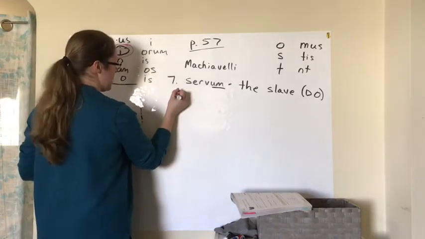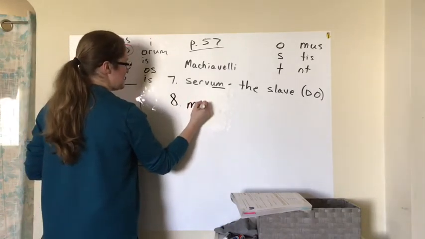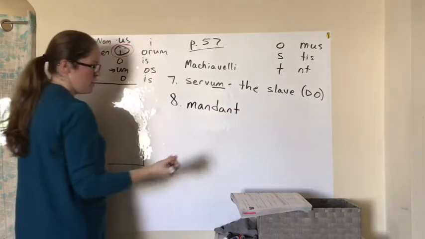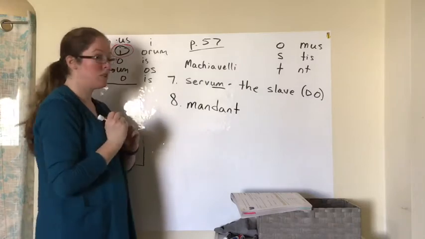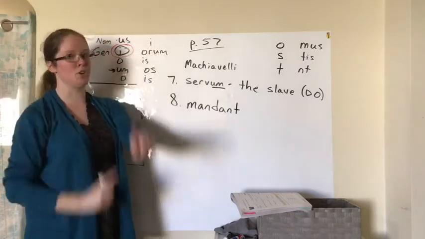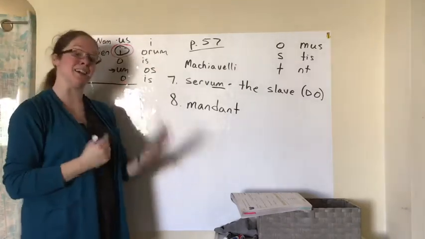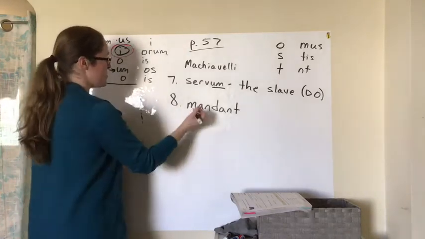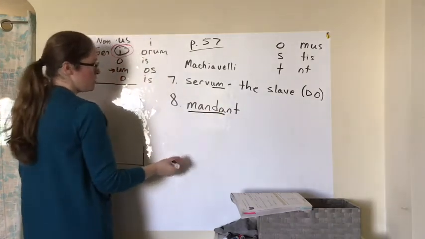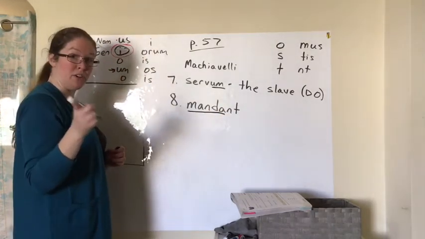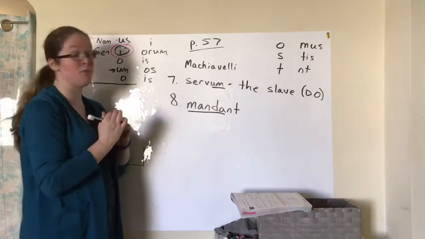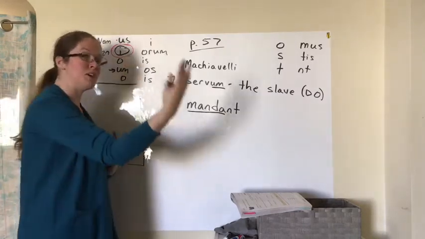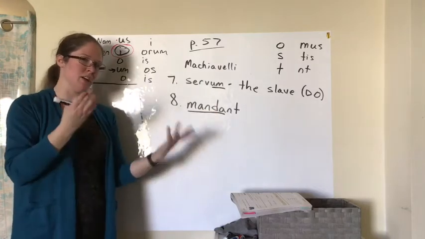All right, number 8, mandant. Another one of our chapter 8 words. Comes from mando, mandare, mandavi, mandatum, I entrust, to entrust, I entrusted, entrusted. So this is related to entrust, which incidentally, if you need a reminder of how to remember that, if you are a Star Wars fan, the Mandalorian was entrusted with Baby Yoda, kind of.